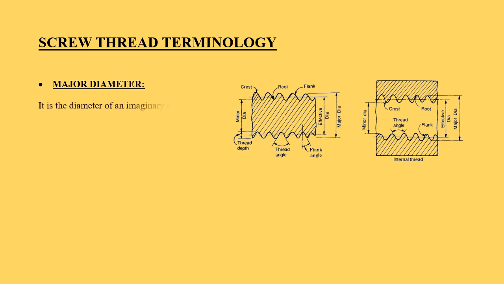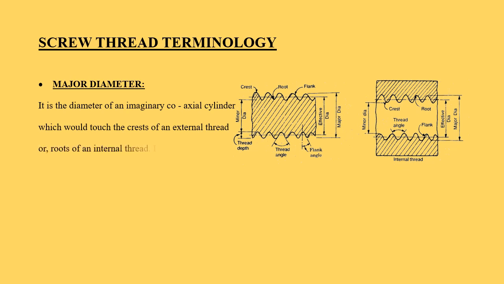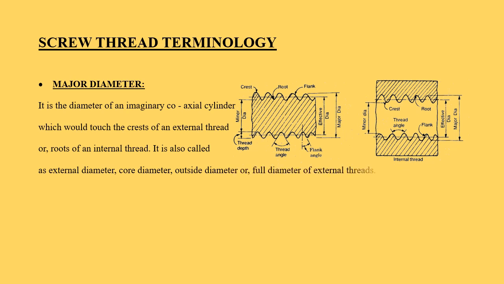Major diameter is the diameter of an imaginary coaxial cylinder that touches the crests of an external thread or roots of an internal thread. It can also be known as external diameter, core diameter, outside diameter, or full diameter of external threads.